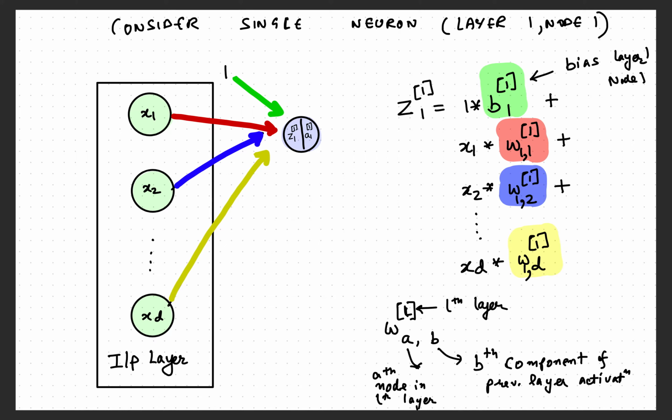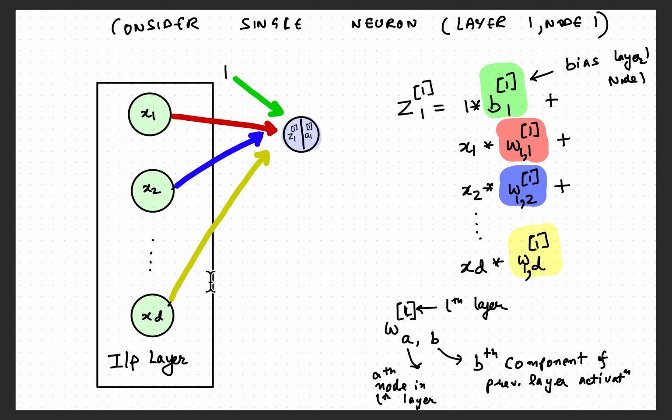The general weights that I'm mentioning here are of the format W square bracket L, where L indicates the layer number, and the subscript is a comma b, where a means the ath node in the Lth layer. So in this case, we are looking at node number 1, thus the term before the comma in this weight term is always 1, and in a comma b, b is the bth component of the previous layer activation.